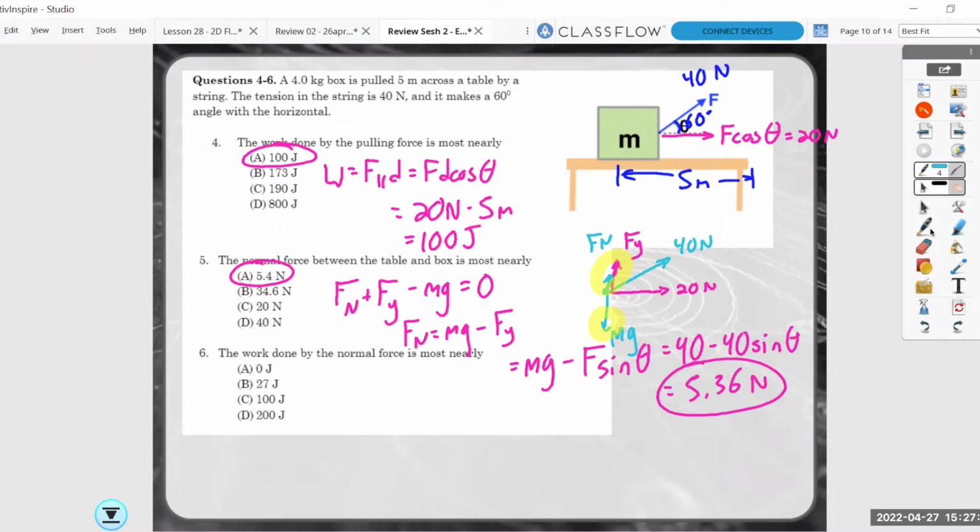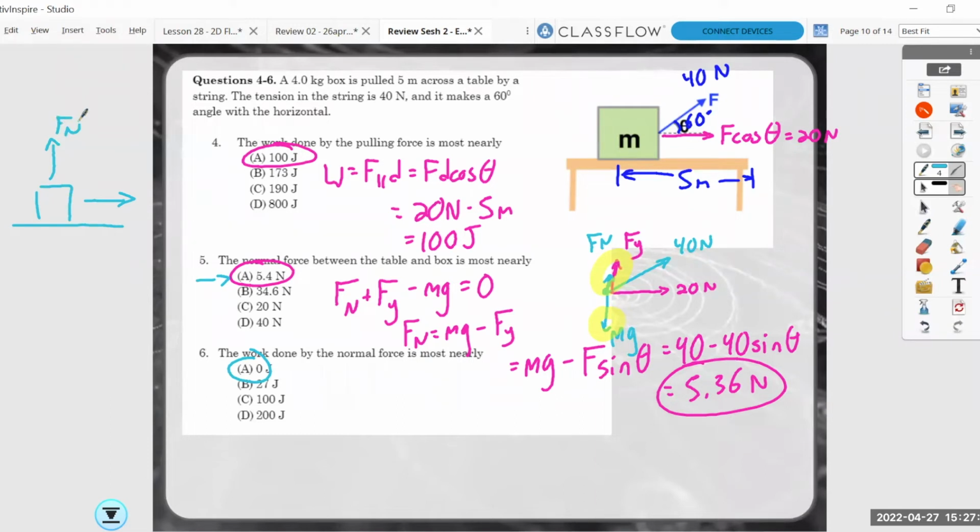If I had to guess one question that's going to be somewhere on the exam, it's going to be a question like this. What's the work done by the normal force? And the answer is not the normal force times 5 meters. The answer is nothing. Why is the answer nothing? Well, remember, our box is sliding to the right. The normal force is up.